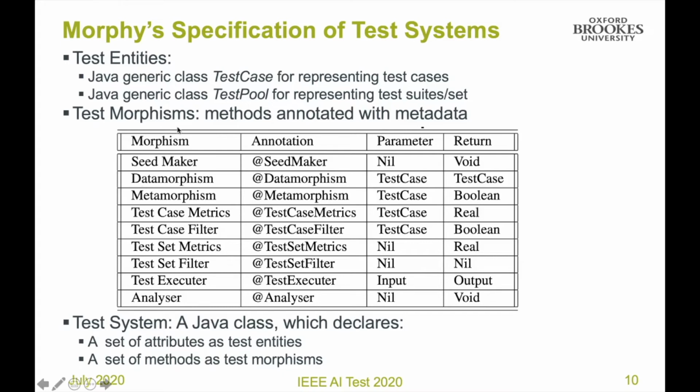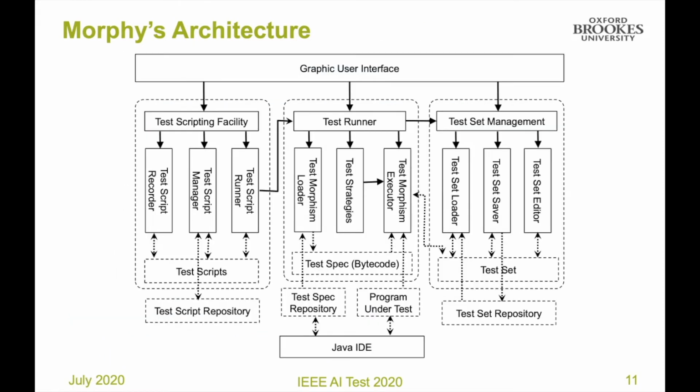Here is the table that describes what type of test morphisms are annotated with what kind of metadata, and the structure of the metadata. Morphy consists of three key components. The first component is to manage the test entities and test morphisms.